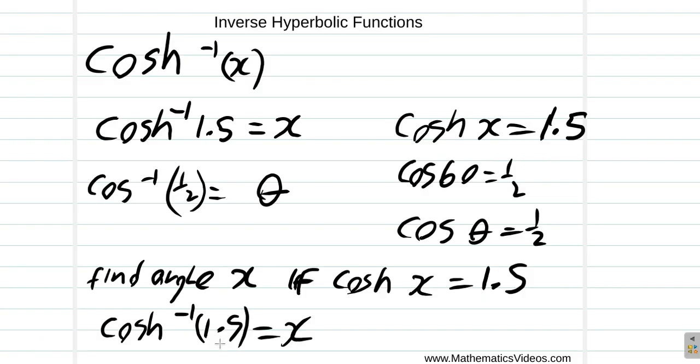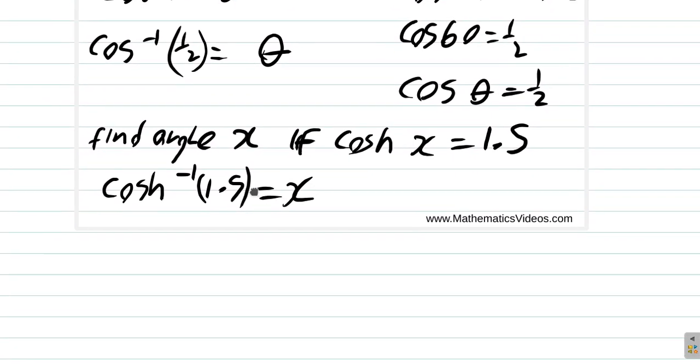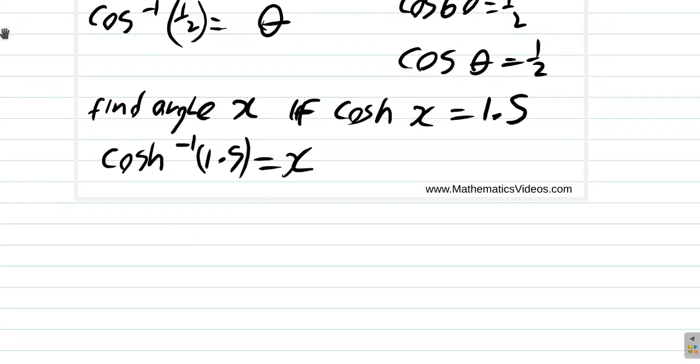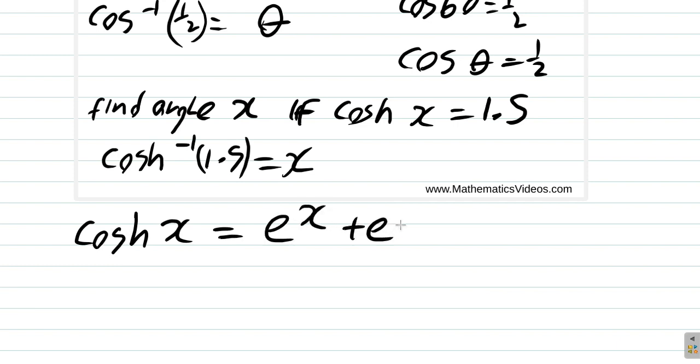Now, the thing is, you might remember, or if they're so kind to give you a formula sheet with it, you will remember that the cosh of x is equal to e to the x plus e to the negative x divided by 2.